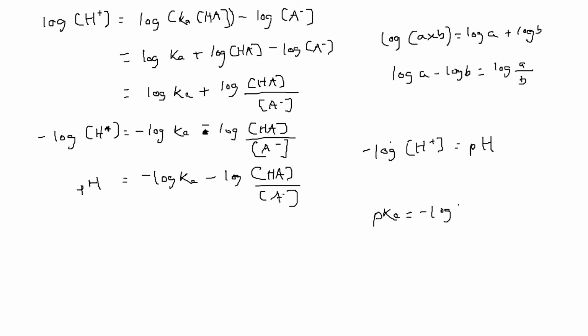So now we can make that substitution in our equation. So then we've got pH equals pKa minus the log of HA divided by A minus.